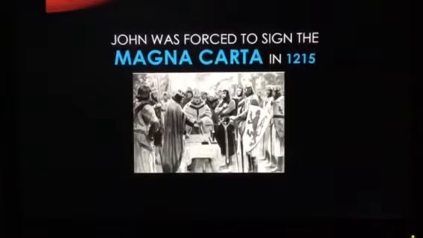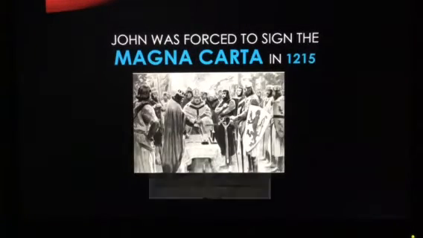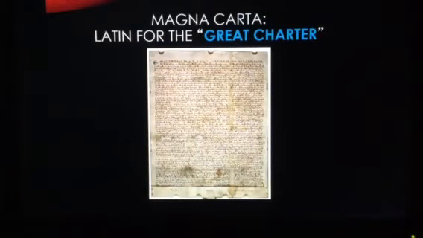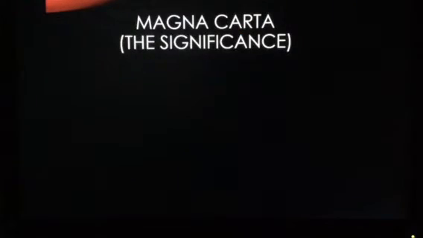The nobles forced John to sign the Magna Carta in 1215. Remember, the nobles had the real power, not the king. Magna Carta is Latin for the Great Charter. What is the significance of the Magna Carta, and what did it do?